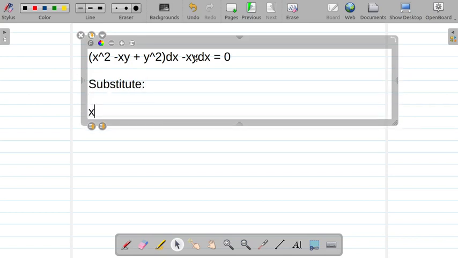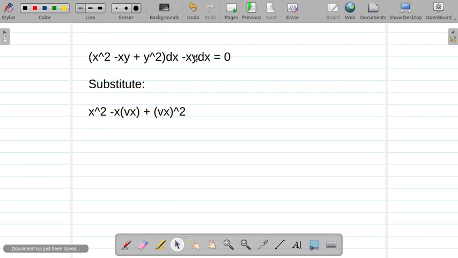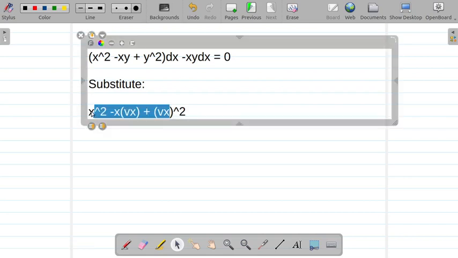So, x to the power of 2 minus x, then y is equals to vx plus y to the power of 2, which is vx to the power of 2 dx minus x times vx, I mean dy ni siya.